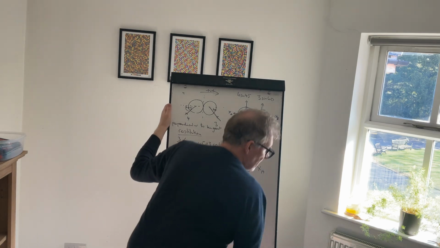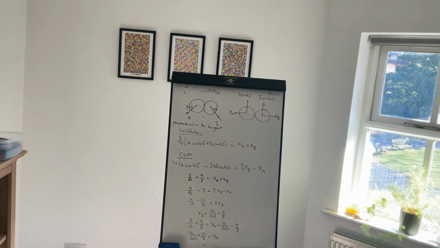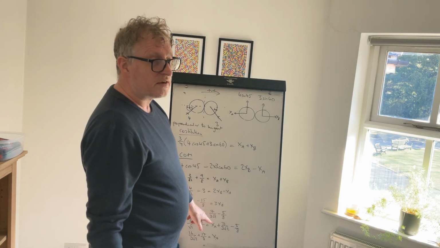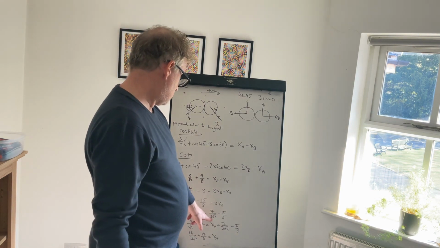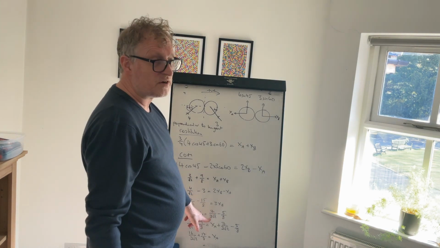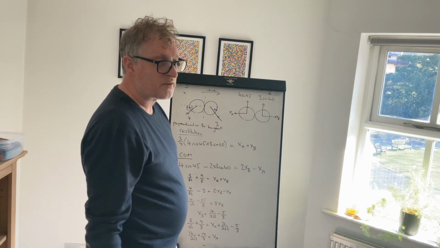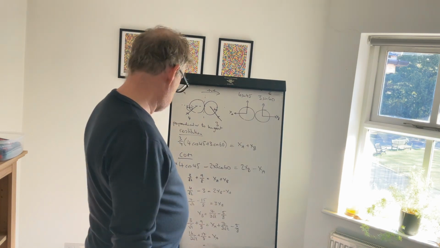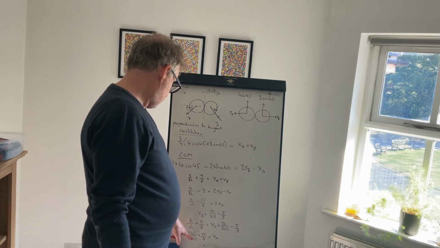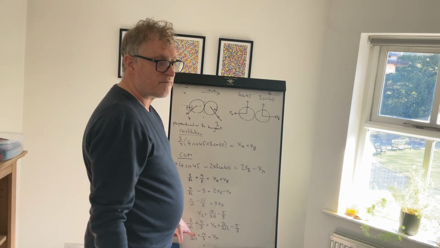Right, once we've got those, let me just check the answers first. For XB it has 7 root 2 over 6, times by root 2 top and bottom. Yep, that's right, minus 5/8, that's right. And then for XA, root 2 over 3, so times by root 2, is that right?